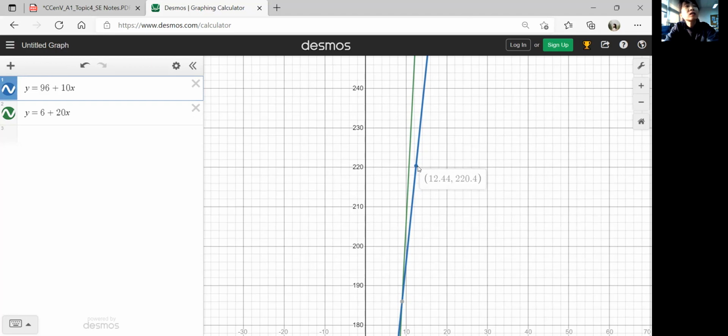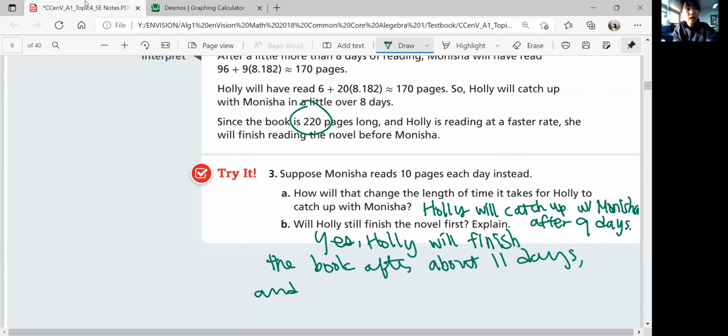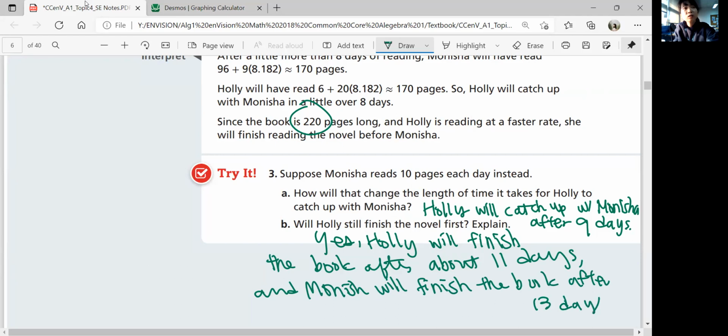After 12 days, she still hasn't finished it, so she has to finish it in the 13th day, right? So Manisha will finish the book after 13 days. So in this case, you always round up for the days, because if you round down, they still haven't finished the book. Okay.